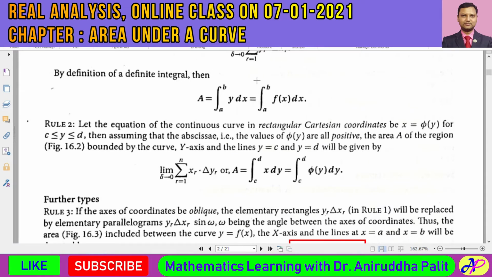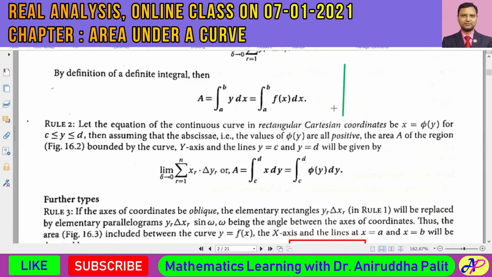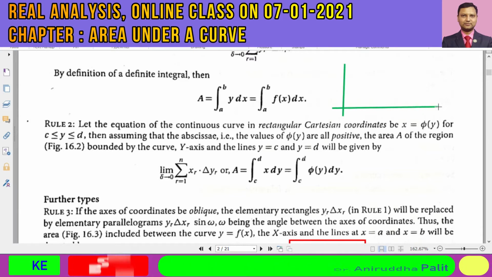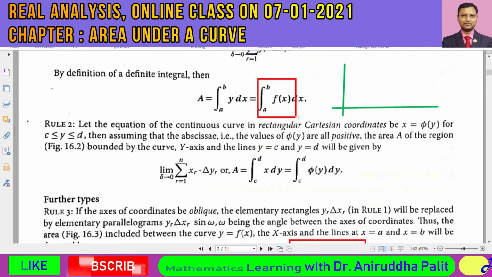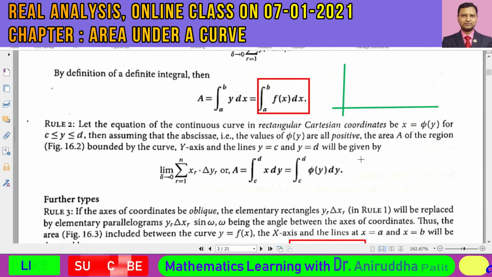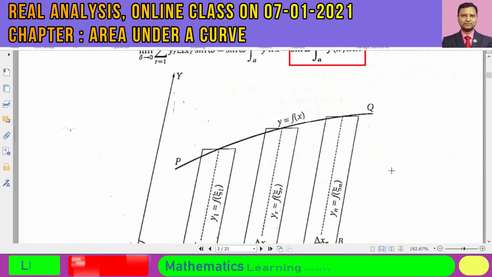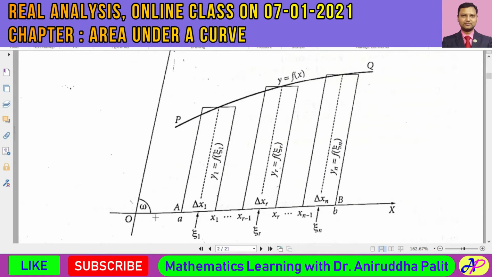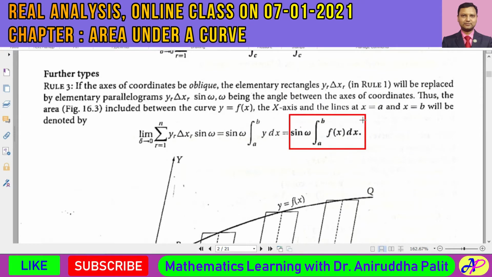Generally, if we have two coordinate axes which are perpendicular to each other, we have integral from a to b f(x) dx. But if we have inclined axes where the angle between the two axes is equal to omega, this would be the formula, integral a to b f(x) dx times sine of omega.